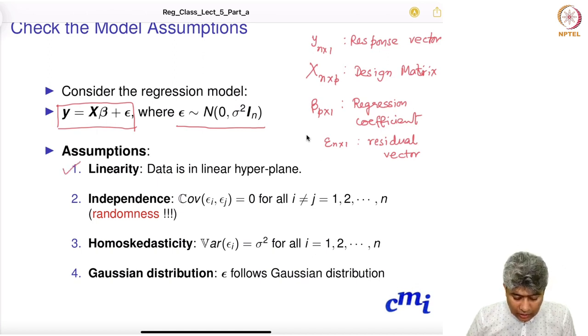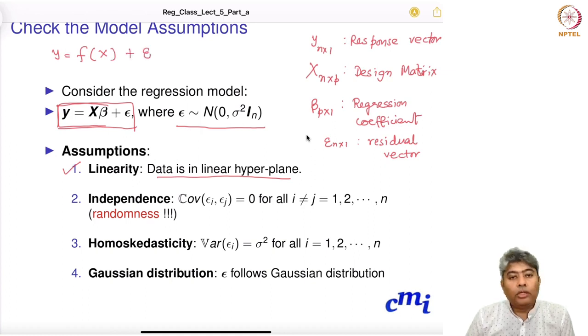One is linearity. That means data is in a linear hyperplane. You can think of the model as some functional form of x plus epsilon.